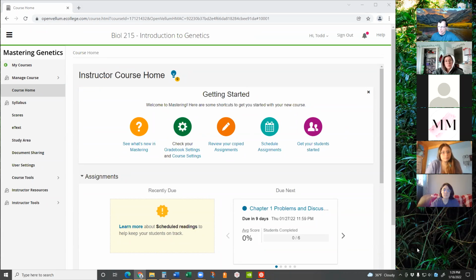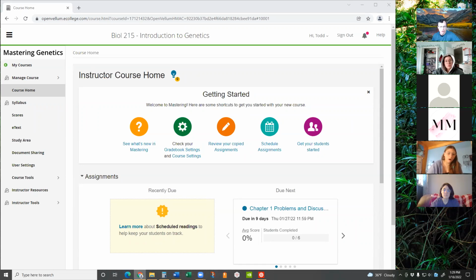Instructions to do that were sent out early last week. The basic idea here is you go into My Hack, go to D2L, open up the genetics course inside D2L, and you look for a link which is something like Red Shelf Textbook Access. You click that link and it'll give you an access code for the Mastering Genetics product.